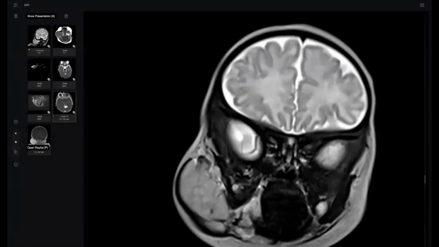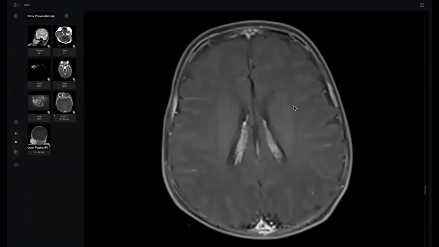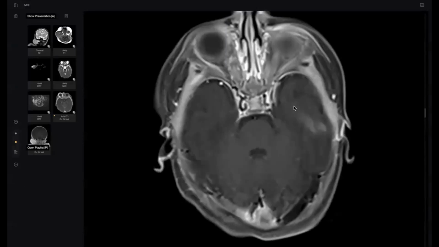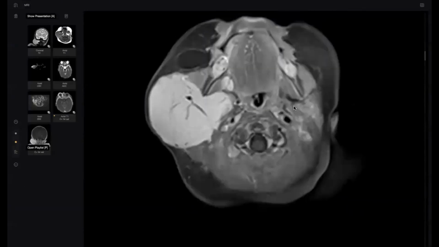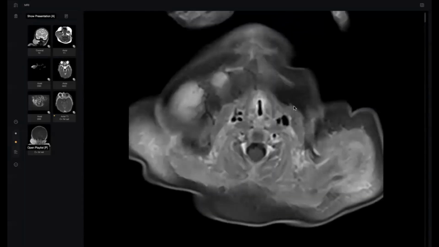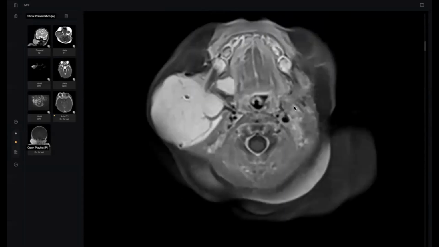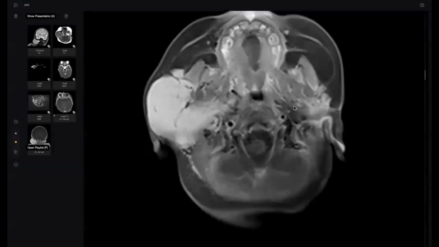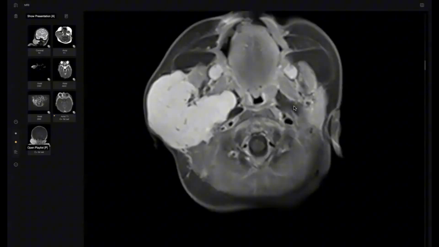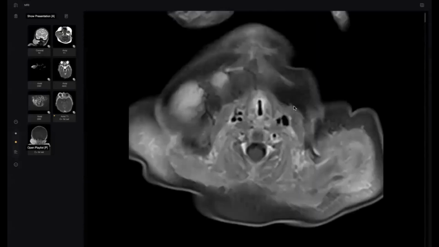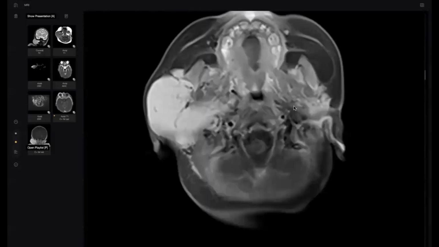I am suspecting a hemangioma in this case. Excellent. In a child it is a possibility, and I will correlate with the clinical history whether the patient has any associated skin changes or nevus.